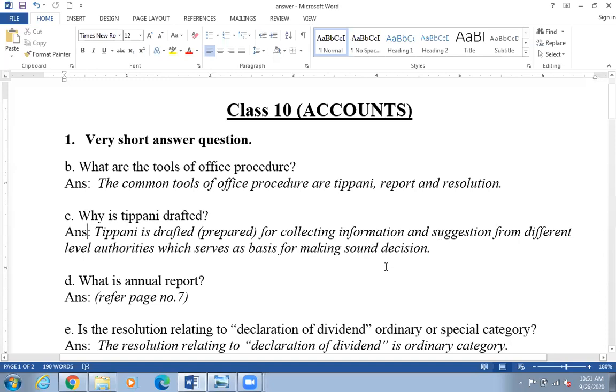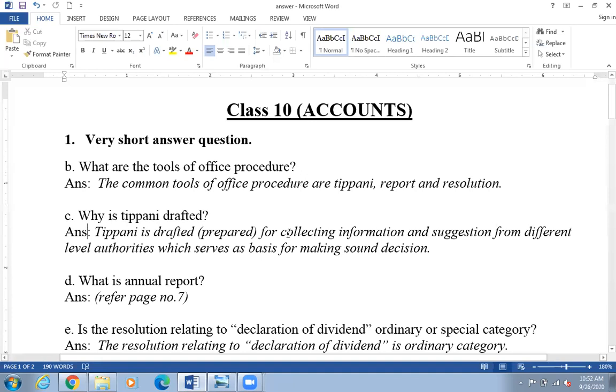If we are the upper level staff, the manager or the managing director of the company, we may not know what the laborers are facing or what they need, and they cannot come directly to the director's office, because there is a process. So they will write a letter about what they need in their company, and it goes to the middle officer, the deputy officer, and after that to the managing director, process by process.